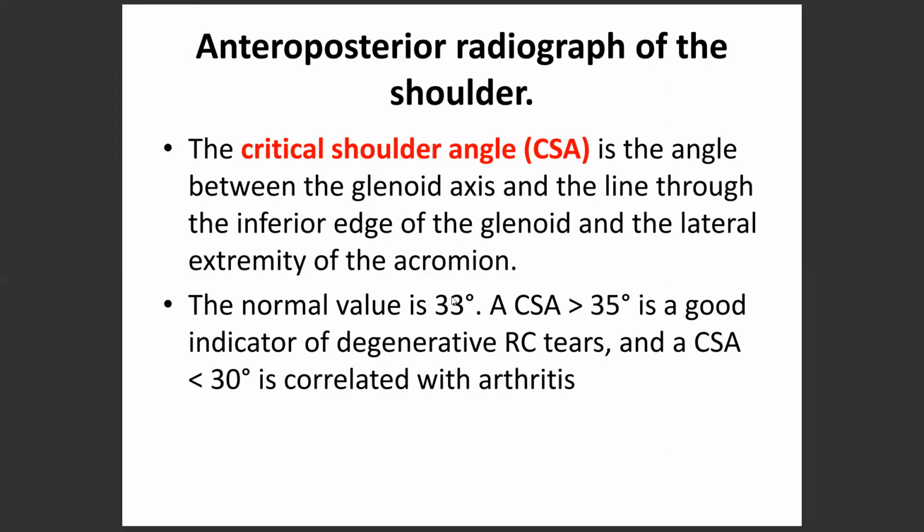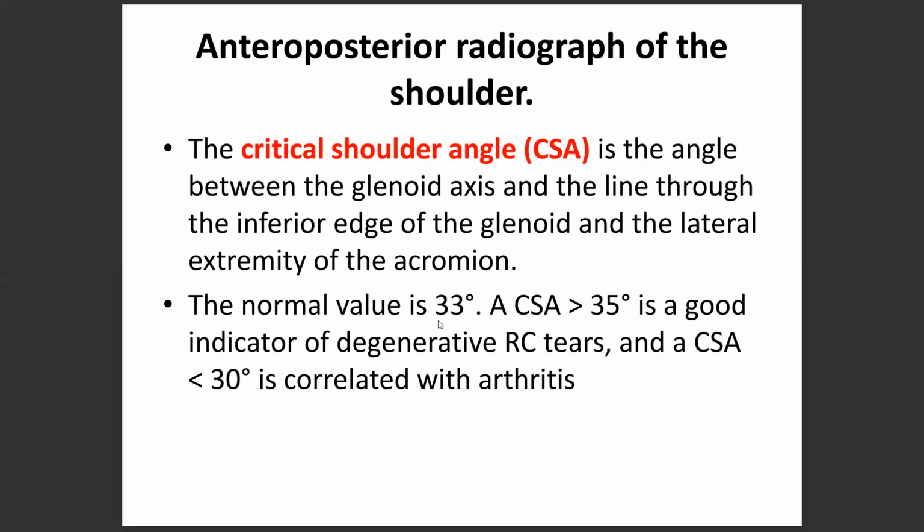The normal value of this angle is 33 degrees, and a value higher than 35 degrees will indicate a rotator cuff tear, and a value lesser than 30 degrees will indicate that there is risk for arthritis. That lesser critical shoulder angle is being correlated positively with arthritis.